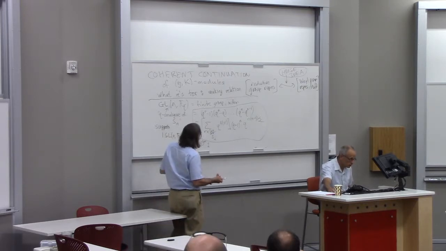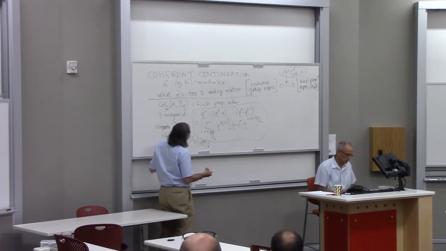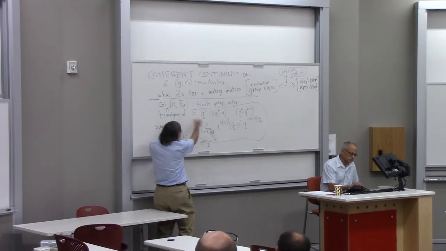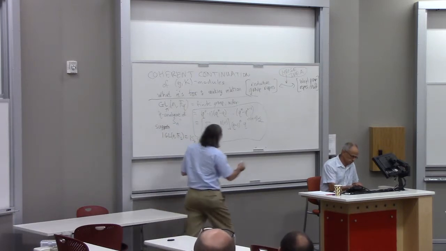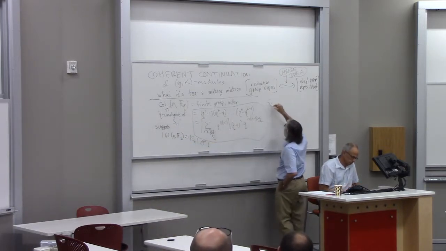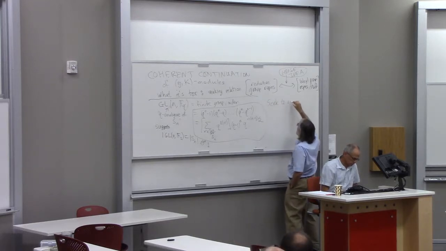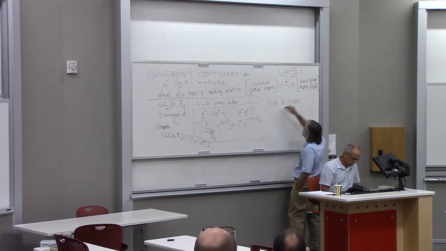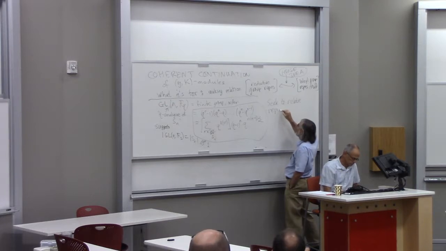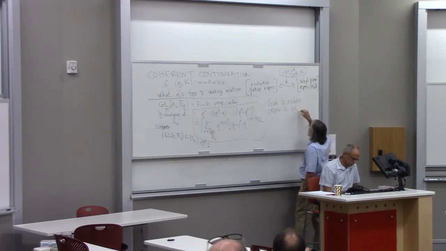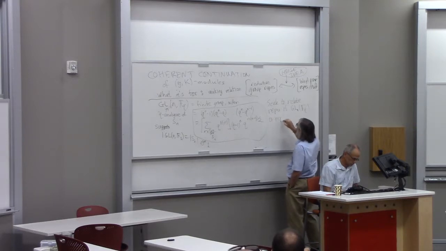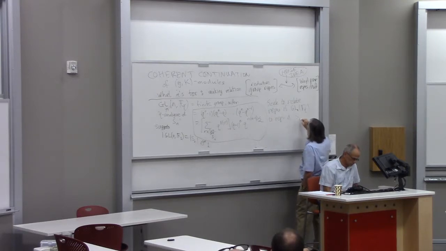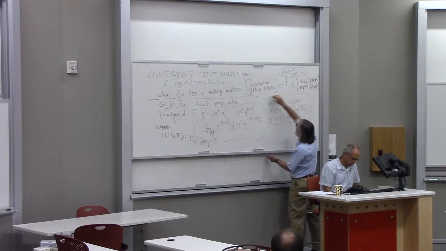At any rate, this kind of business says that you want to relate the representations of GLN over F_q to the representations of S_N.